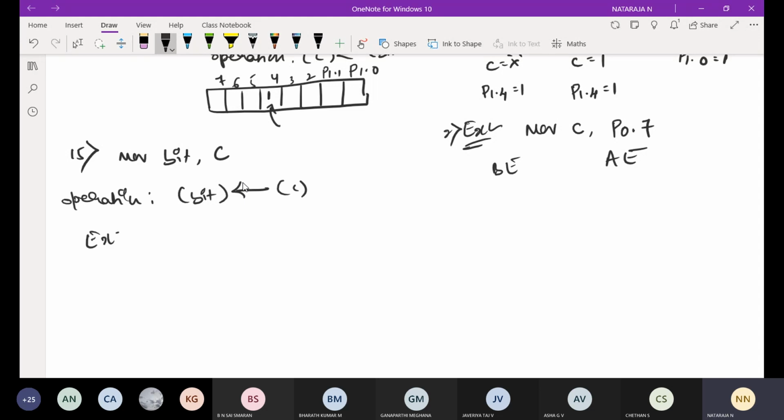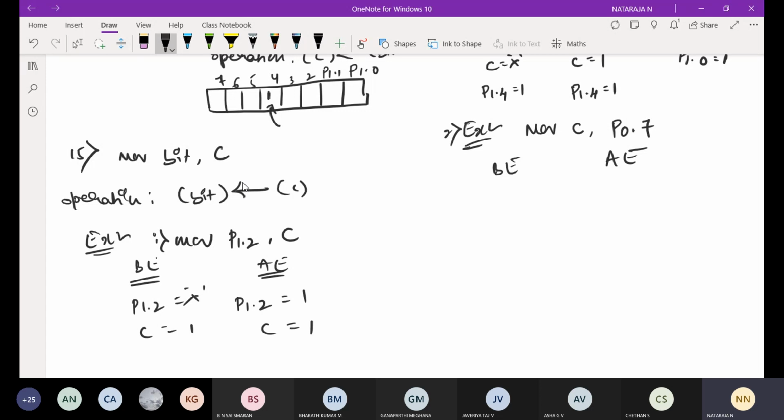This is an example: MOV P1.2, C. Before execution, P1.2 is equal to X, C is equal to 1. After execution, P1.2 is equal to 1, carry is equal to 1. Second one: MOV P3.7, C. We can write the execution part.